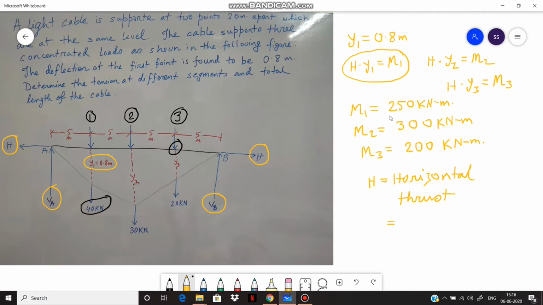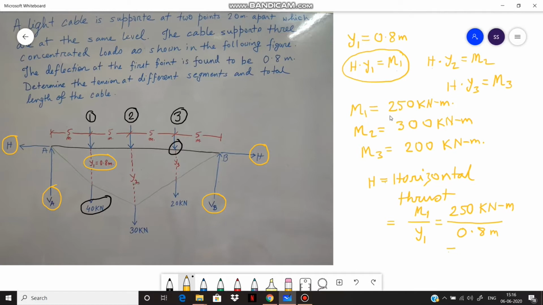That is m1 by y1. So the value of m1, that is 250 kilonewton meter, divided by the value of y1, that is 0.8 meter.